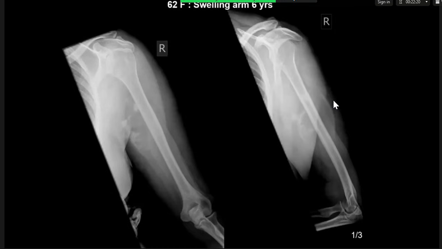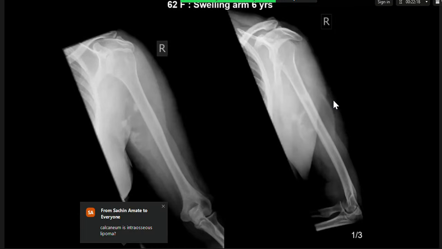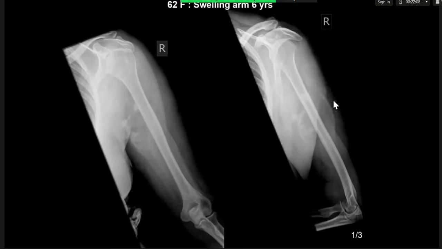The bone looks broadly quite normal, but there's an obvious abnormality of the soft tissues of the anterior compartment of the arm, where there is some fluffy, slightly amorphous calcification, quite irregularly distributed, which implies that I think there's a soft tissue lump there within the arm.